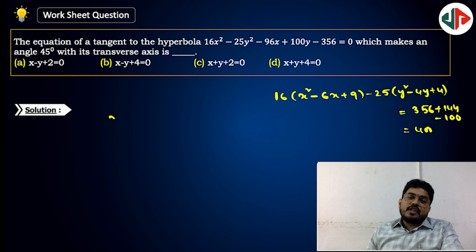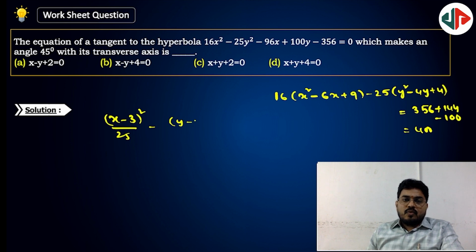So the equation is x minus 3 whole square by 25 minus y minus 2 whole square by 16 is equal to 1. So I need to find the equation with the slope m is equal to 1.